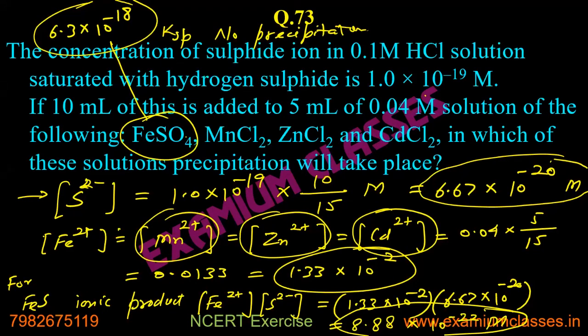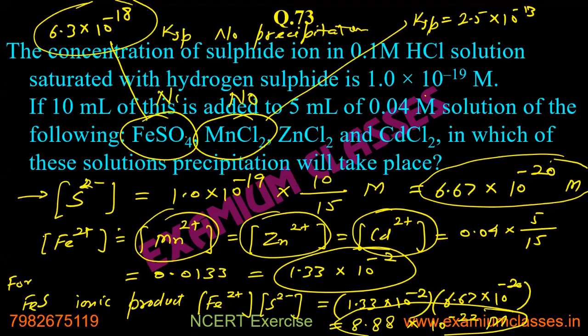For MnS, it is 2.5 into 10 power minus 13. Okay, Ashish and Devansh, thank you. Again, the ionic product is less than KSP, no precipitation. In this case also no.